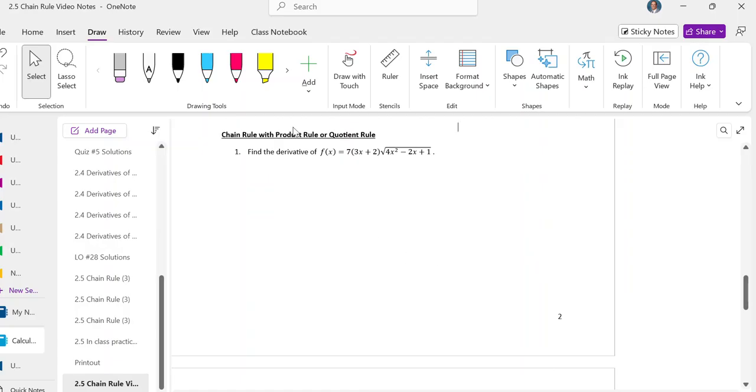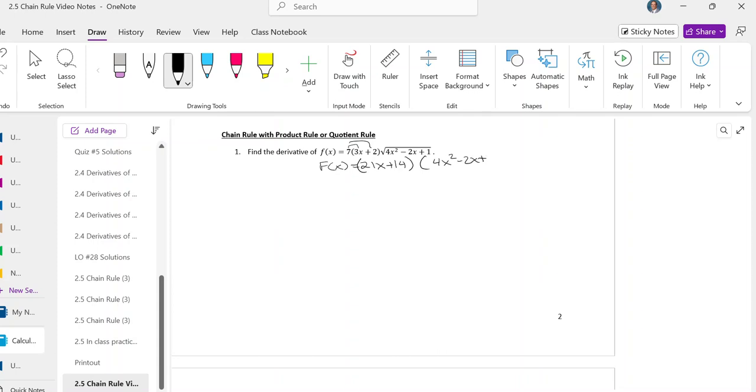All right, here's an example of having a chain rule and a product rule. The first thing I would do, though, is any constant here, I would distribute this in there. So really, this is f of x equals 21x plus 14 times 4x squared minus 2x plus 1 to the 1/2 power.